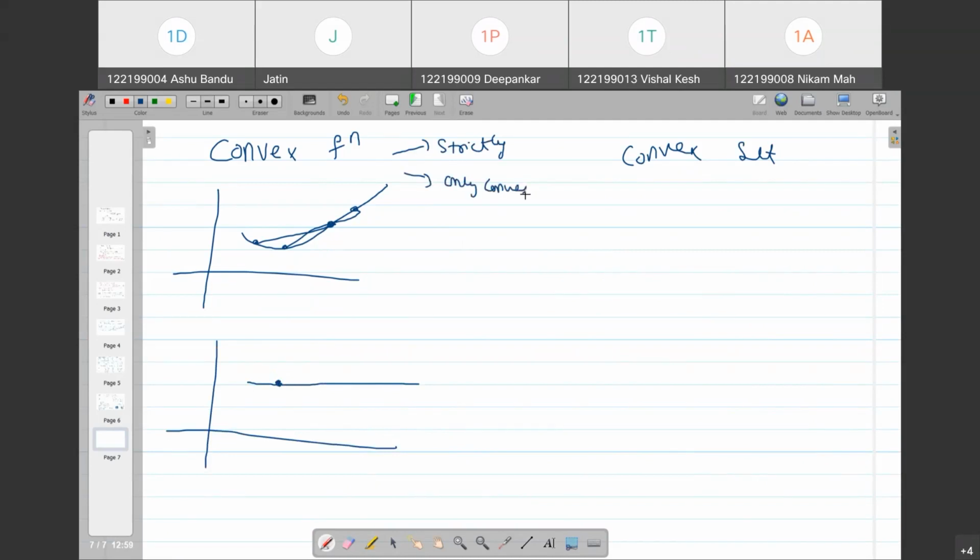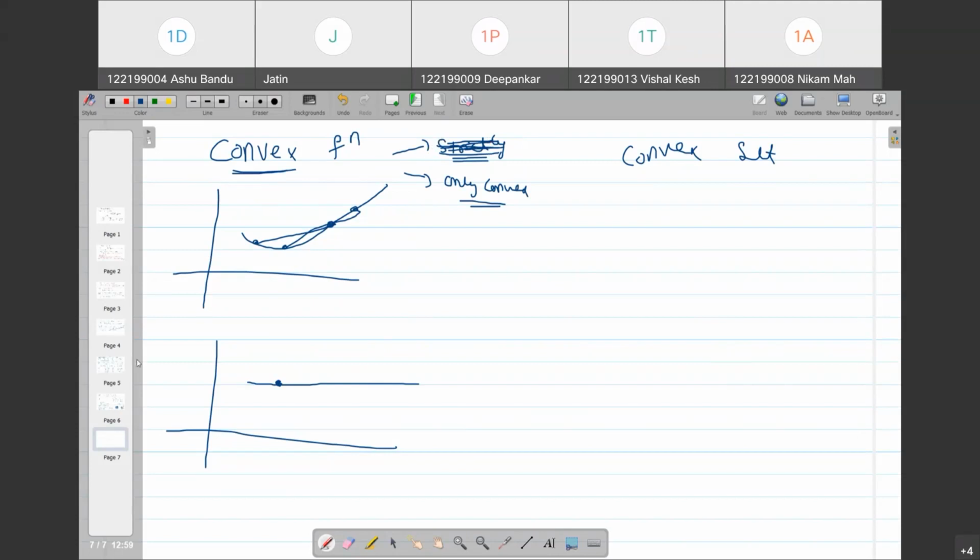If someone is talking about strictly convex sets, then a line won't be a convex set. But in our case, we'll only talk about convexity, not strict convexity. So your line is a convex set or convex function. Clear? Yes, sir. Do you want me to elaborate any other point? No, sir. Thank you. Okay, fine.